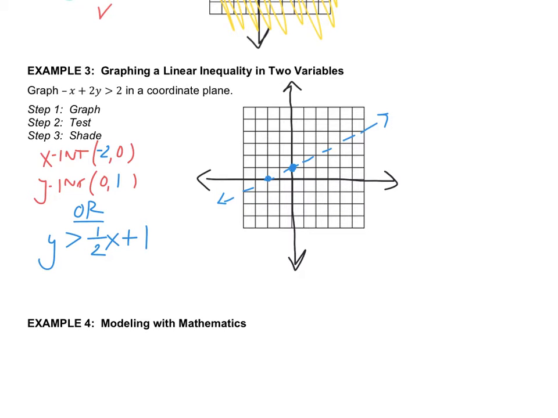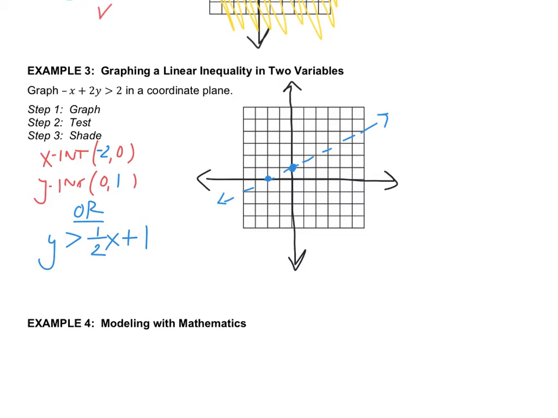The dashed line is representing the fact that all of the points on that line don't work. Whereas in the first one, the solid line means all of those points are solutions because of the equals part. Without the equals part, the boundary is still what we draw, as if it was an equal sign. The dashed line means that all those would actually not work.